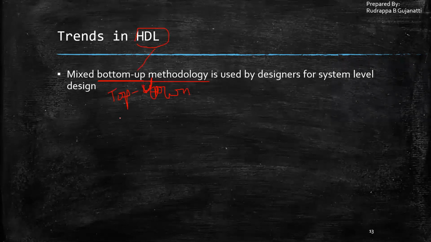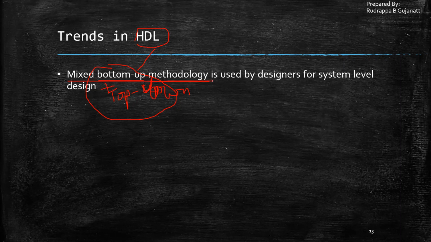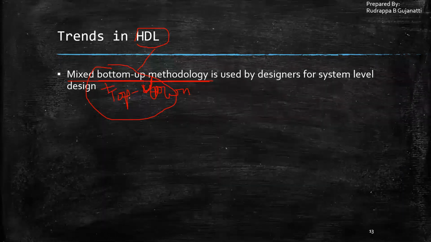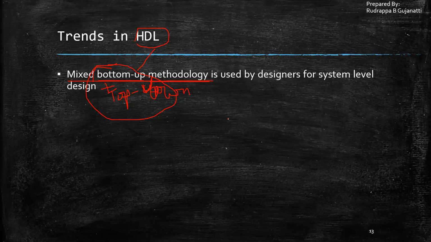And we have a third kind, which is a mixture of both together. So these three kinds of methodologies can be utilized in HDL. That is what is specified. Designers can mix the methodologies, that is bottom up and top down approach, which will lead to a hybrid kind of methodology.